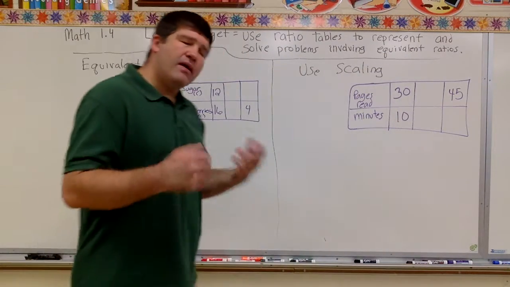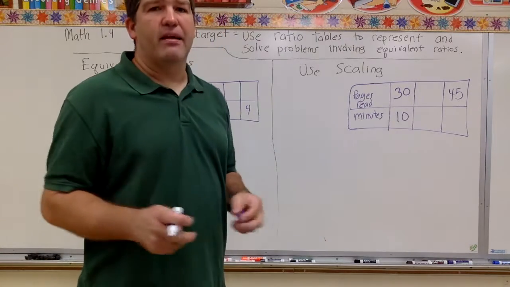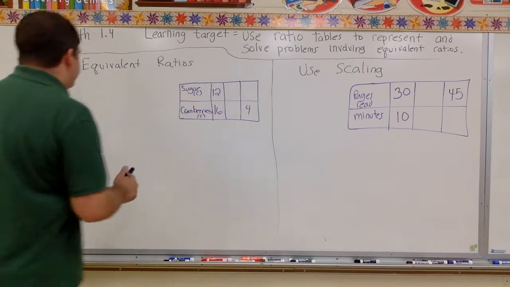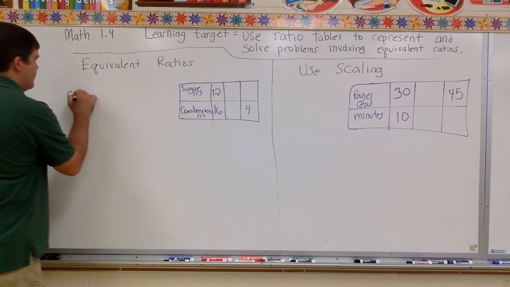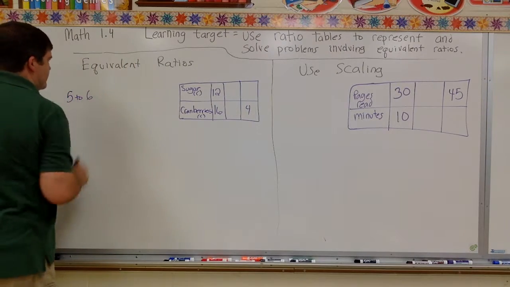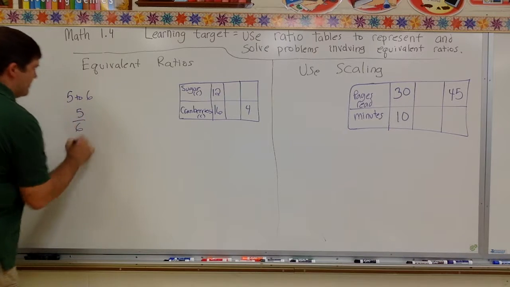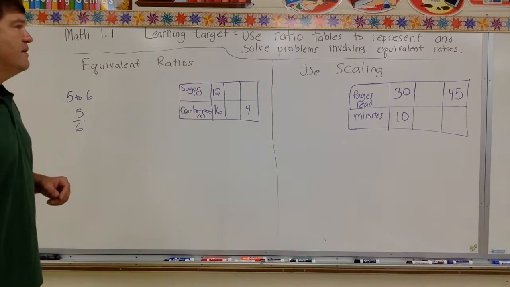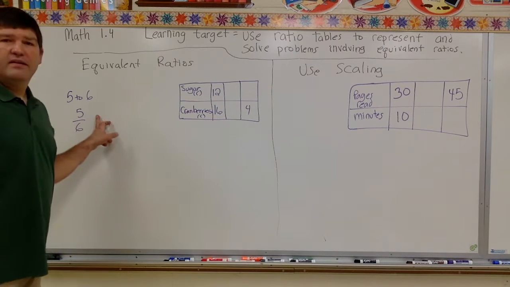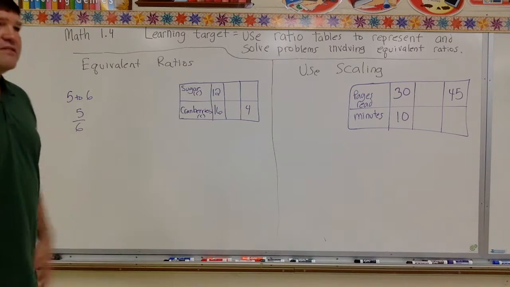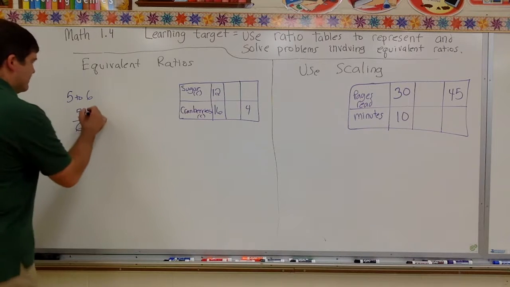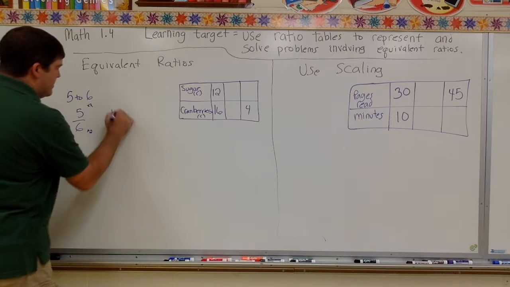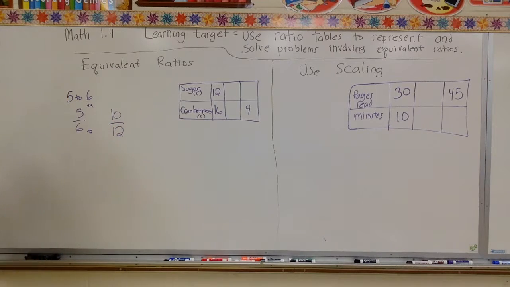When I think about ratios, I want you to be thinking about fractions, like we've talked about in the other lessons. If it's 5 to 6, I want you to think of it as a fraction, 5/6. For equivalent fractions, all you got to do is times 2, times 2, that's 10 twelfths.